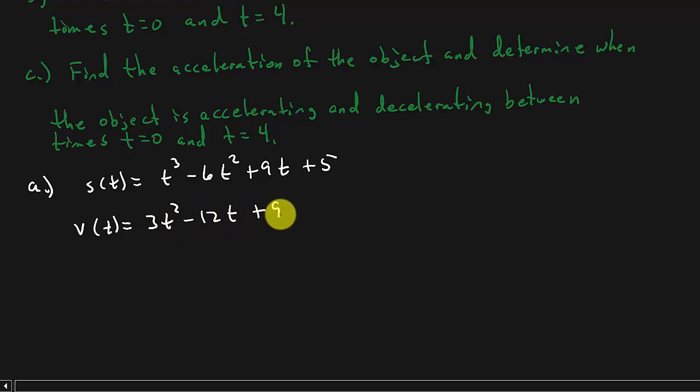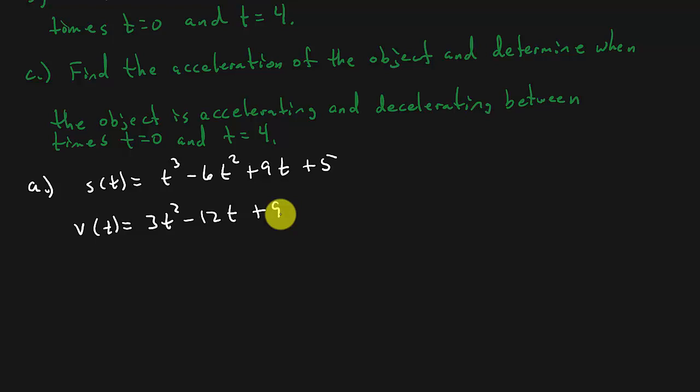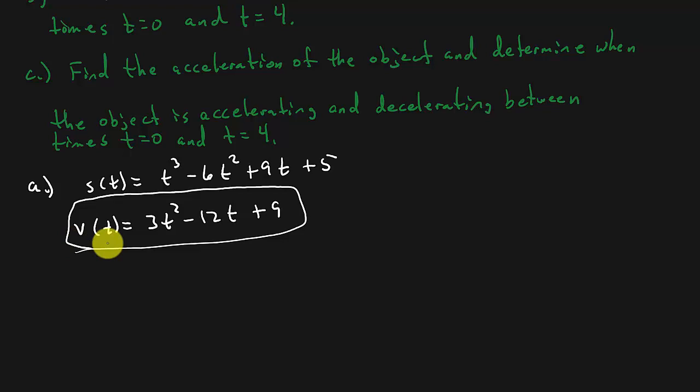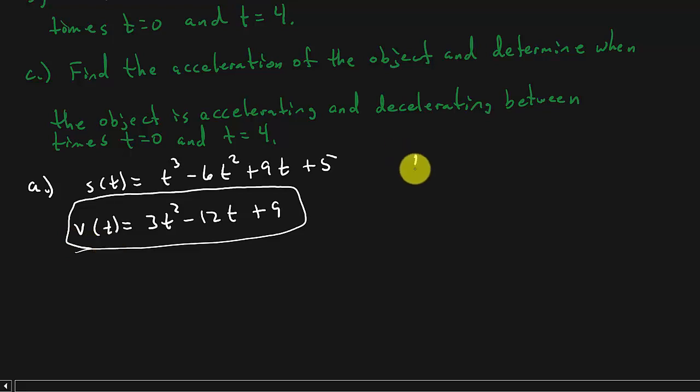That's the velocity. So when it asks us to find the velocity of the object, that's this. That's its velocity function. Then it wants us to discuss its motion between the times t equals 0 and t equals 4.